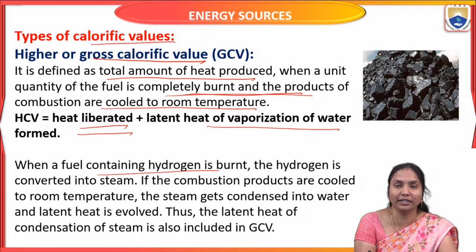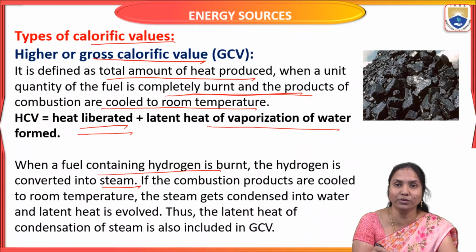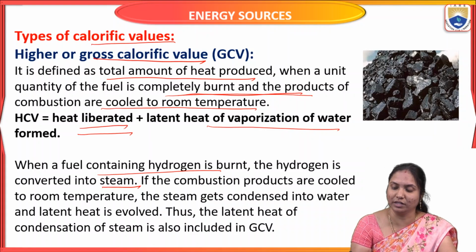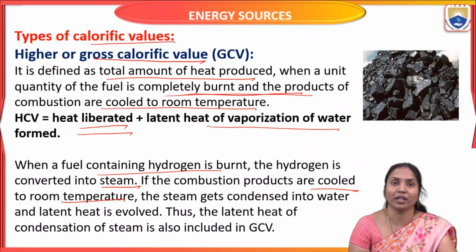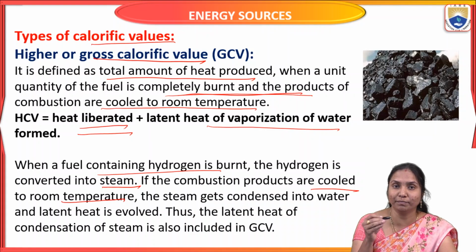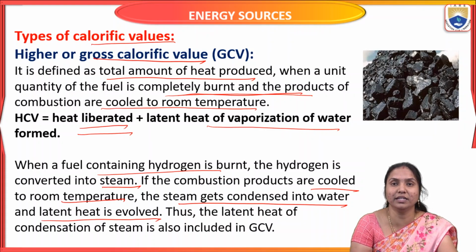Generally when a fuel contains hydrogen, during the burning process the hydrogen is converted to steam. If the combustion products are cooled to room temperature, the steam gets condensed into water and latent heat is evolved.